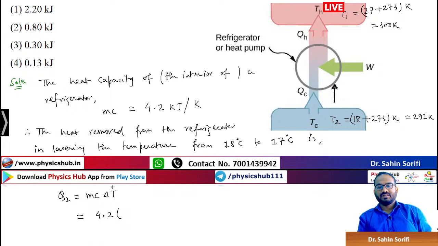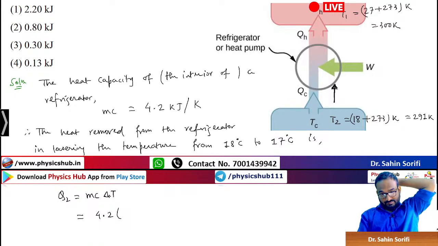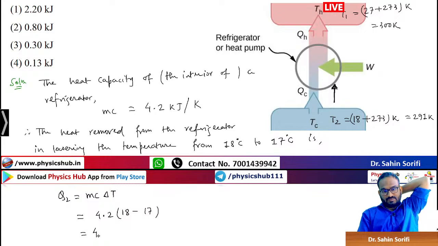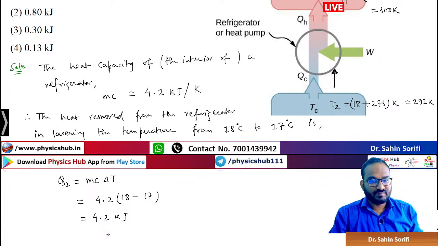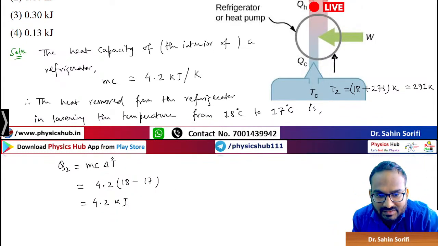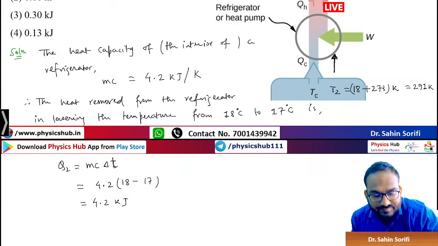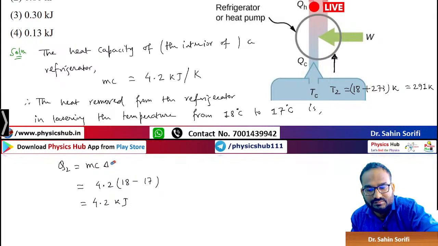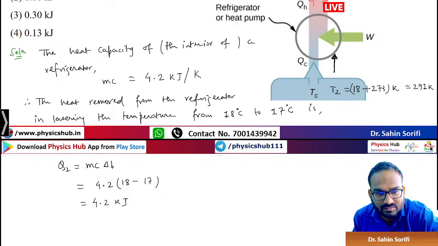Okay. Here you see, when you calculate this mc delta T, we put the temperature in centigrade, 18 degrees centigrade minus 17 degrees centigrade. So that is why it is 4.2 kilojoule. This is the principle of calorimetry. So here the change in temperature is represented in small t. So you have to keep in mind very small details.